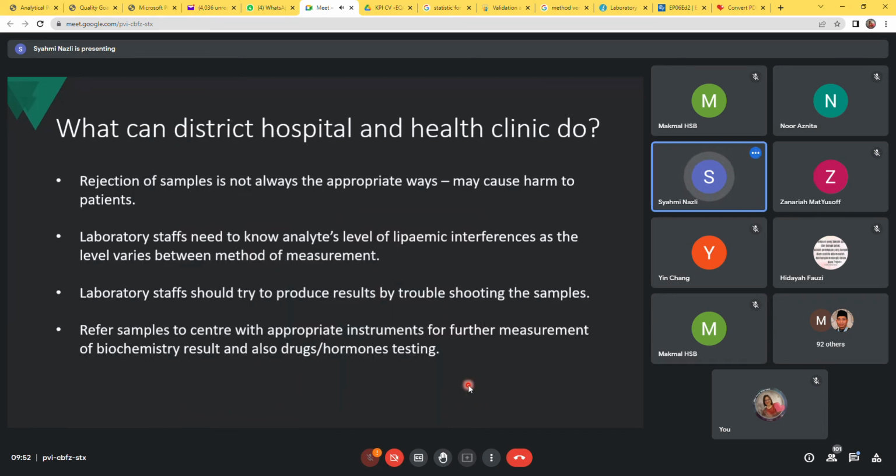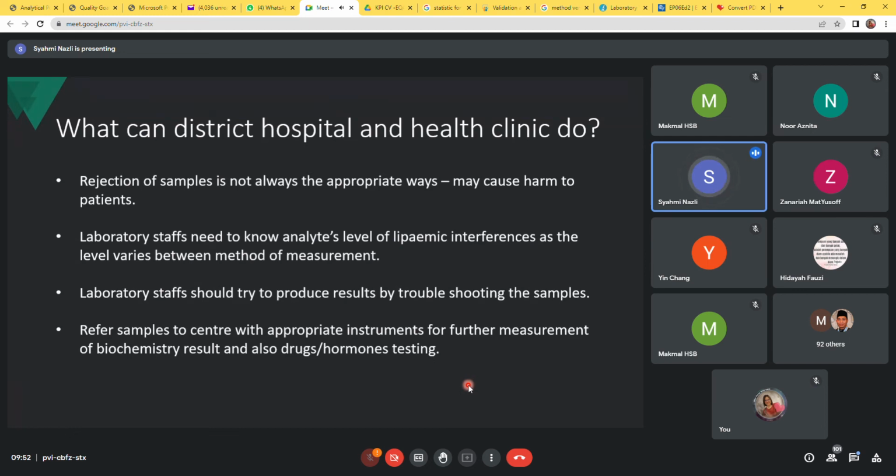So what can the district hospital and health clinic do? Bear in mind, rejection of samples is not always the appropriate way, because it may cause harm to the patients. Same like the patient I showed before, the patient was discharged without any appropriate routine biochemistry results.